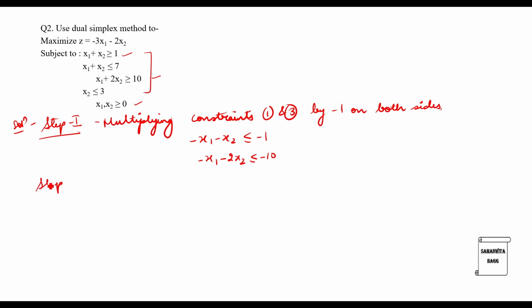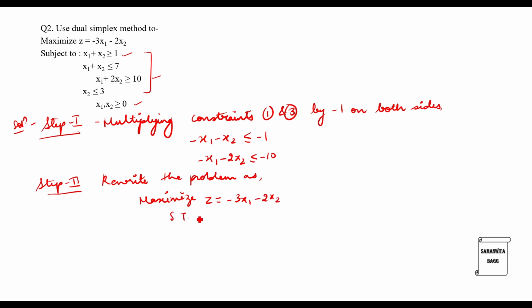So the second step, I will rewrite the problem as: maximize z, which is minus 3x1 minus 2x2. It is subject to the first constraint minus x1 minus x2 less than equal to minus 1.